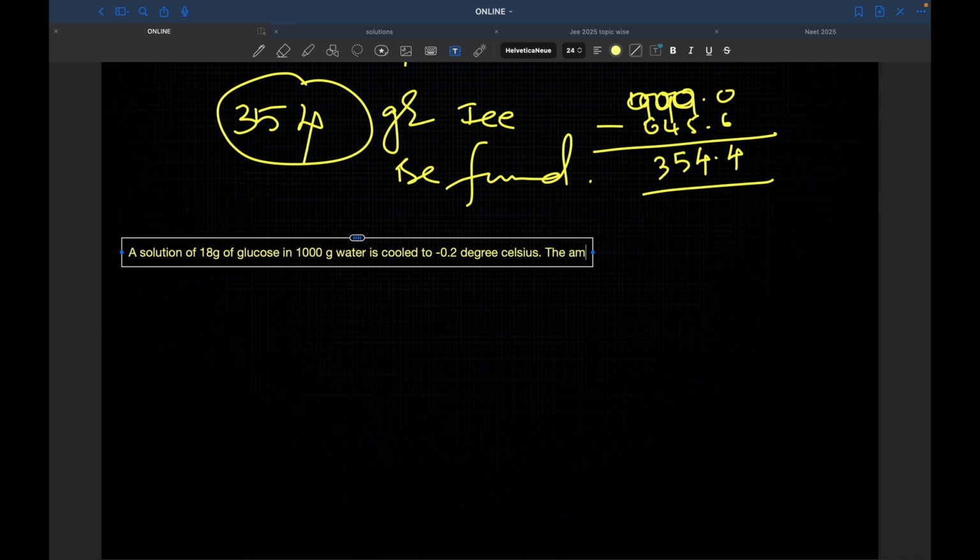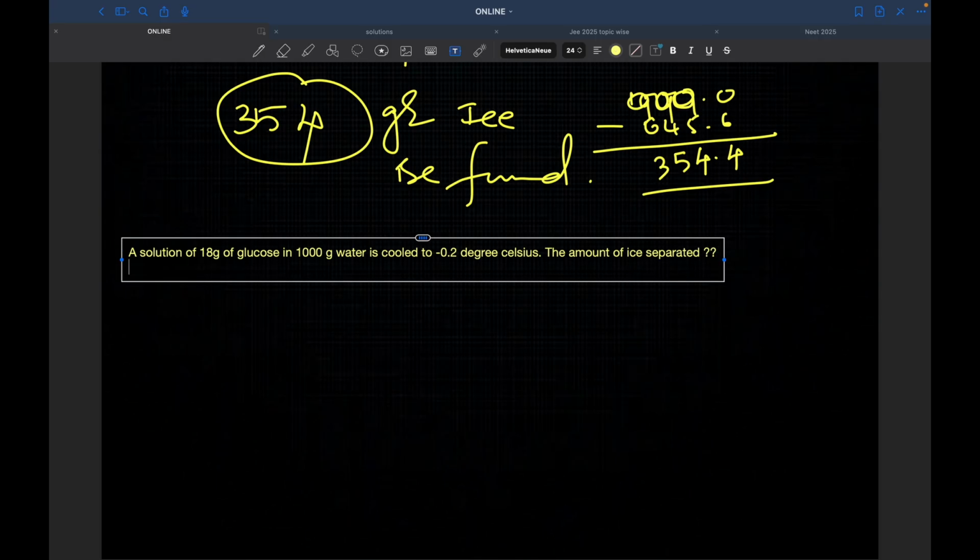The amount of ice separated is? Find this out, the answer comes directly.